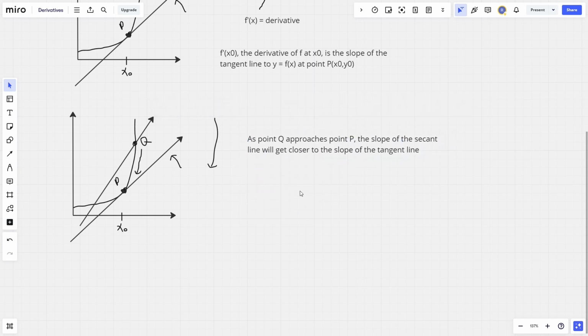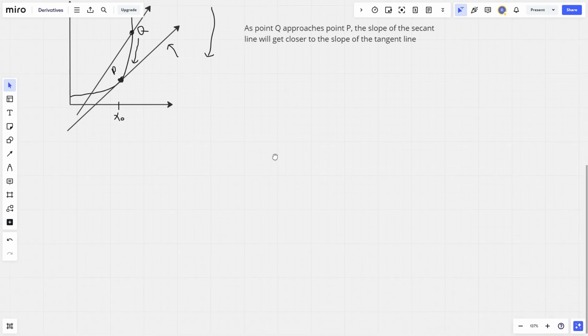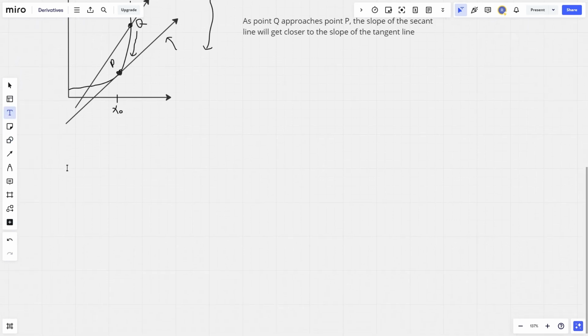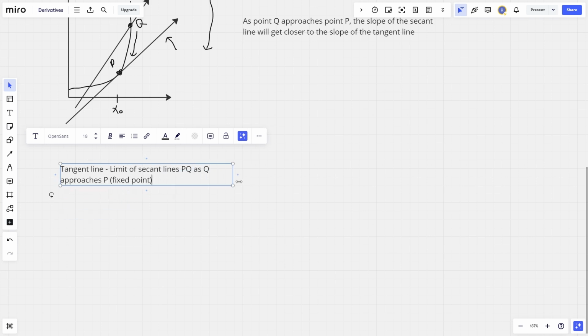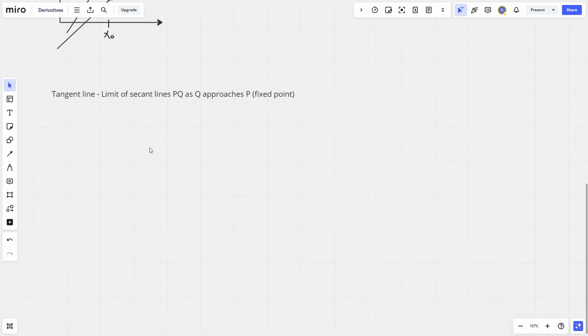All right? So let's look at this diagram again. It's more spaced out this time. We said a tangent line intersects a function exactly once, but we can also call it the limit of secant lines PQ as Q approaches P, where P is a fixed point. So let's look at a different diagram now. We'll explain this definition in just a second. So let's say I have x0 here, and then I have another point here.